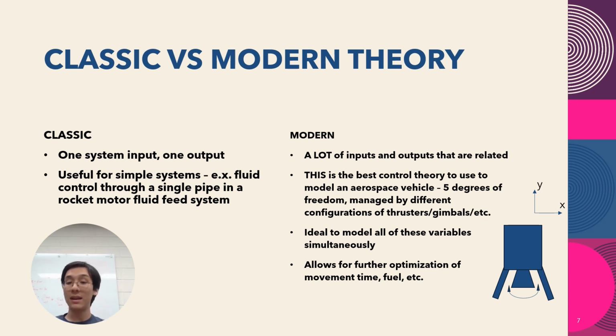For example, this lander diagram that I have: a lander has an engine that is capable of vectoring in two different directions and can move in three and rotate in three other dimensions. A modern controls approach takes into account every single one of those dimensions and directions that the thruster can gimbal, as well as the thrust of the thruster, and is able to model those and then have a combined input from the engine to manage a state in all six positional variables.